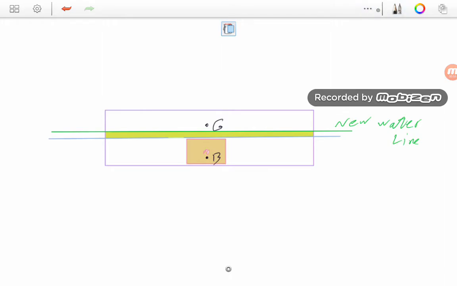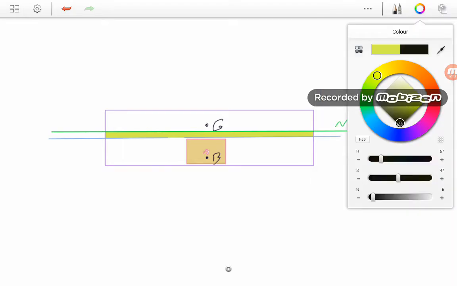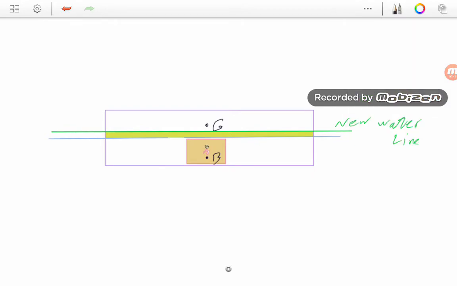So as a result, the center of buoyancy will be changed, the position of the center of buoyancy. The center of buoyancy will be here. This will be the new center of buoyancy. So our vessel has sunk.